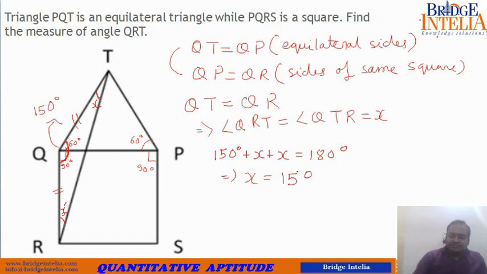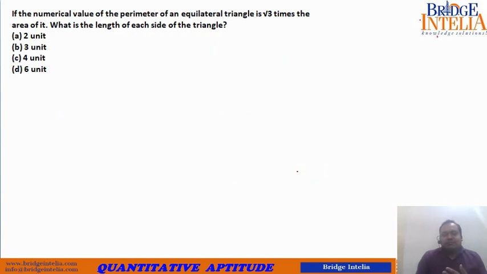Now let's move further. If the numerical value of the perimeter of an equilateral triangle is root 3 times the area of it, what is the length of each side of the triangle? So this time we will use standard formulas. So if one side is a, then perimeter, so what is given?